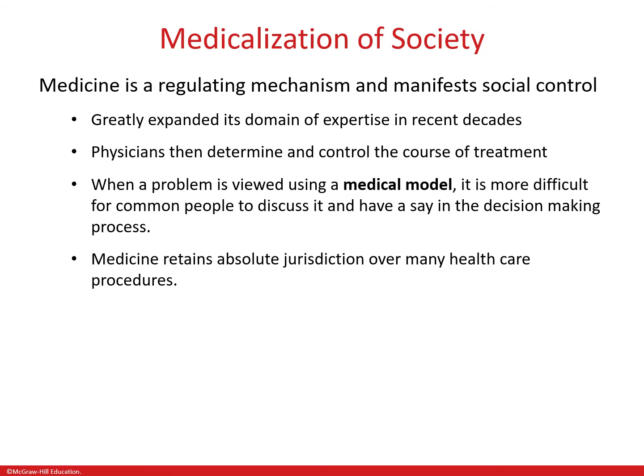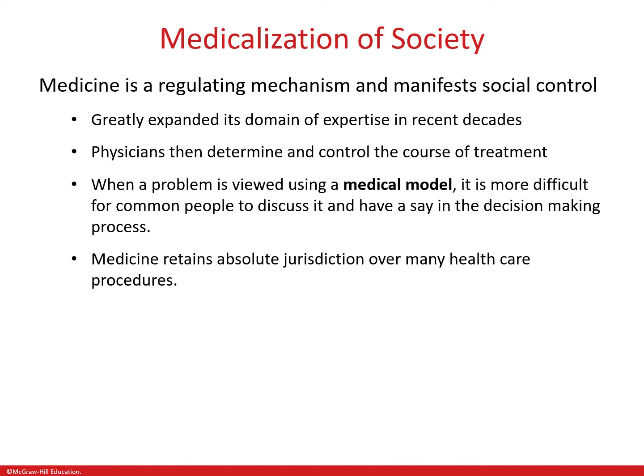These problems are increasingly viewed using a medical model. And when medical experts influence the proposal and decision-making regarding these issues, they often emphasize the physical or medical factors as compared to the social, cultural, or psychological factors.